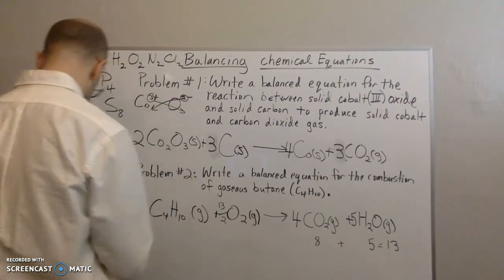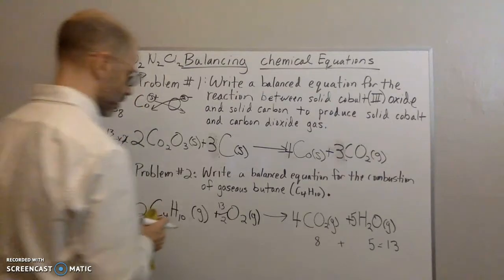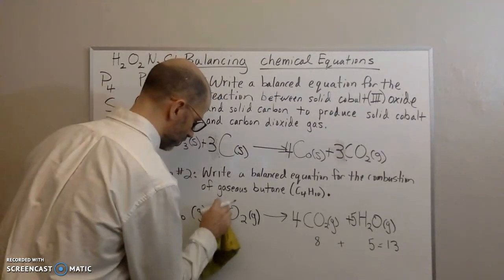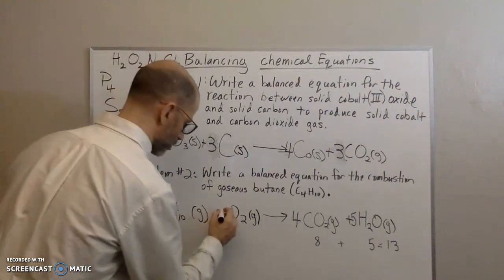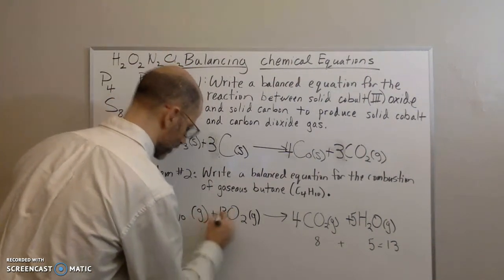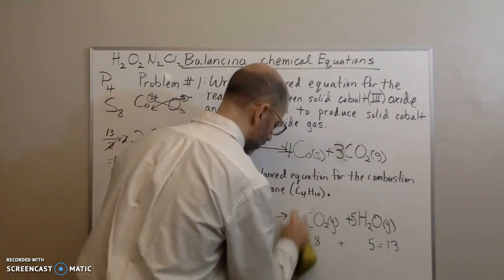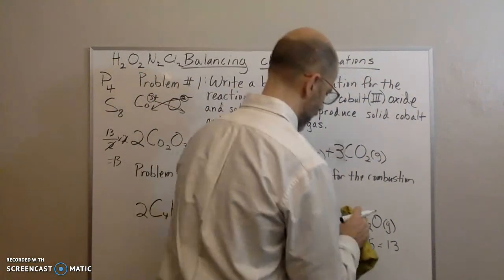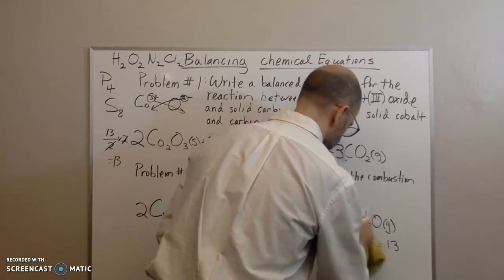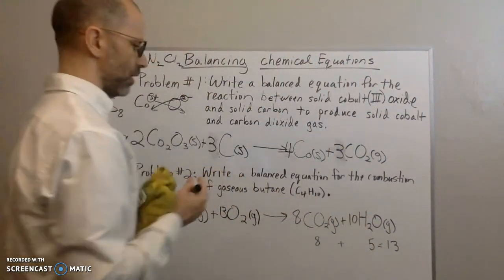So this becomes 2. 13 halves times 2 gives me 13, so that's going to be a 13. 4 times 2 gives me 8, so that goes to 8. And 5 times 2 gives me 10, so I have a 10 there.